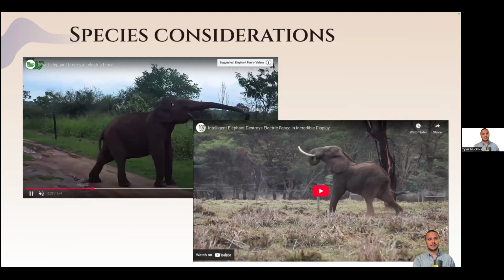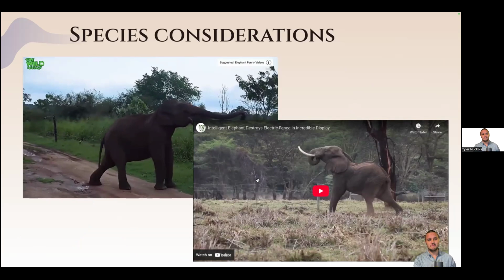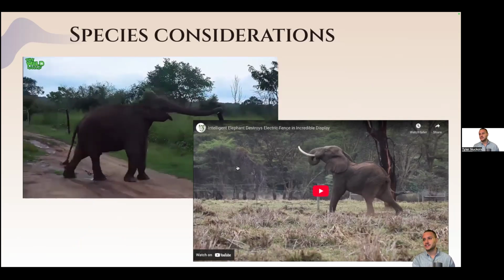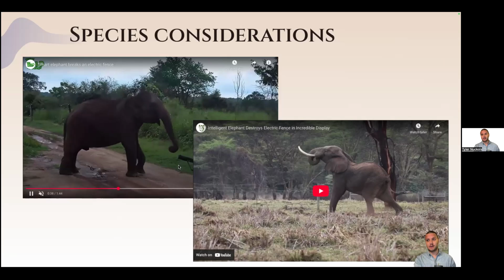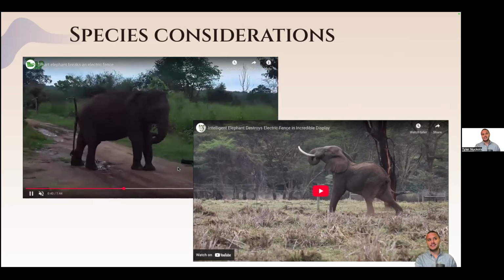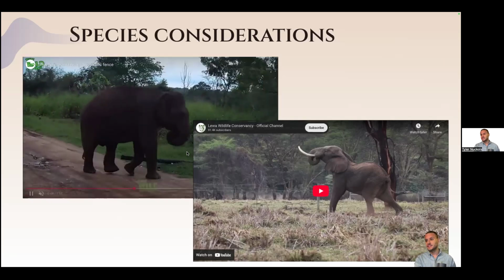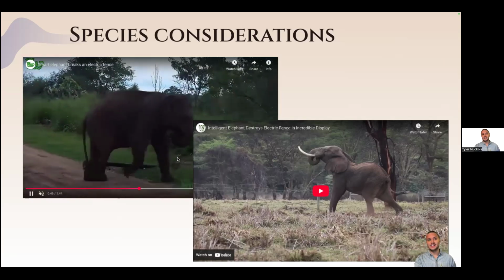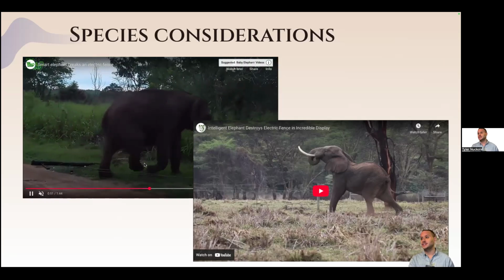So you can see this Asian elephant very carefully moving the wooden post of this electric fence so as not to be electrocuted, very carefully laying that post down, pushing it down, and is now going to enter into that cropland. And this is learned behavior, right?